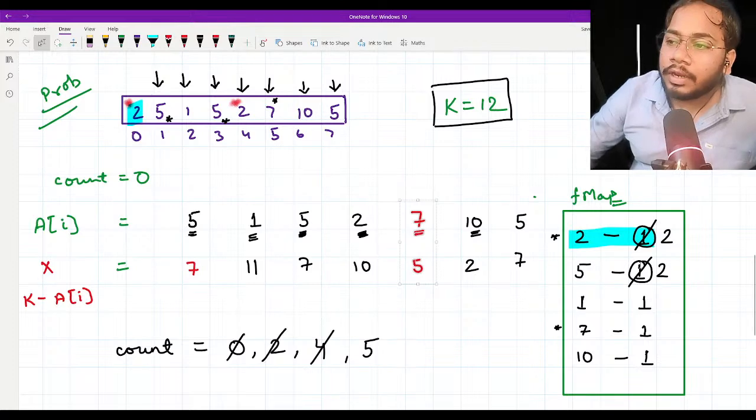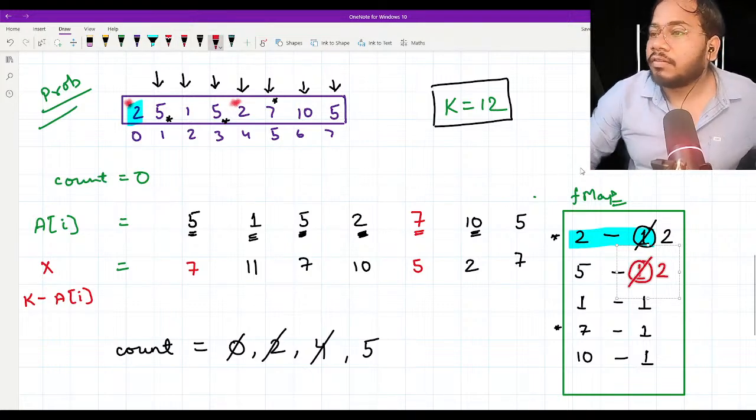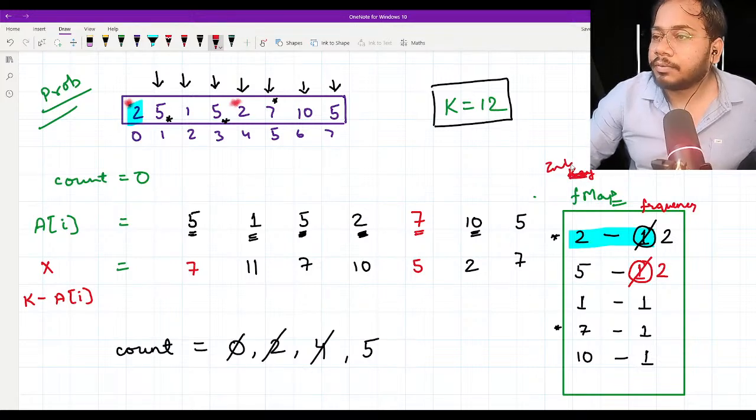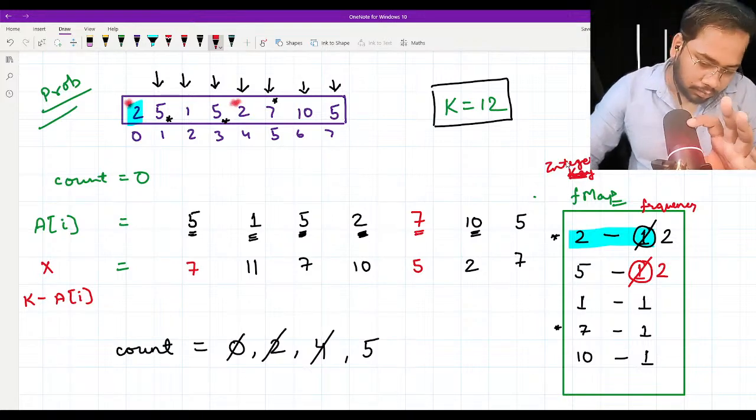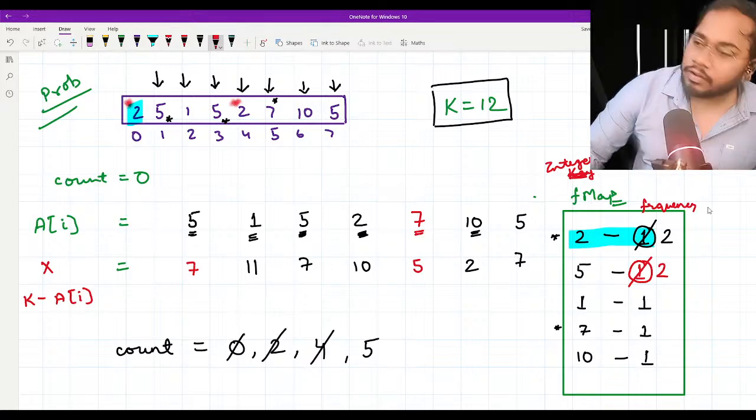So this is the frequency, right? This is the key, which is the integer, and this is the frequency.